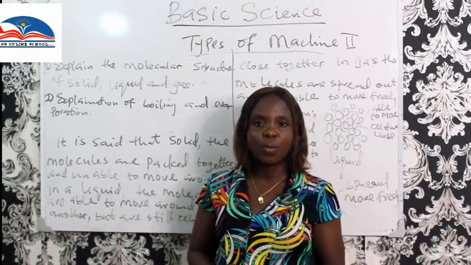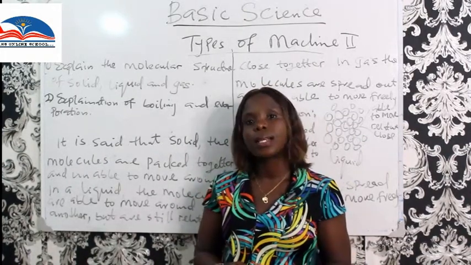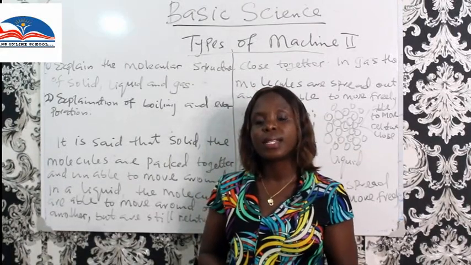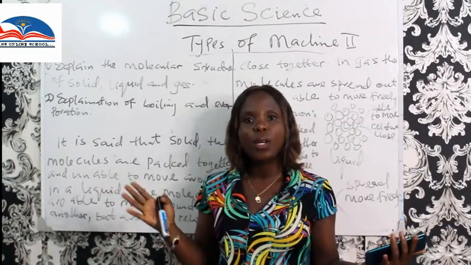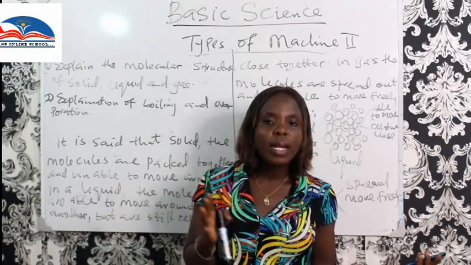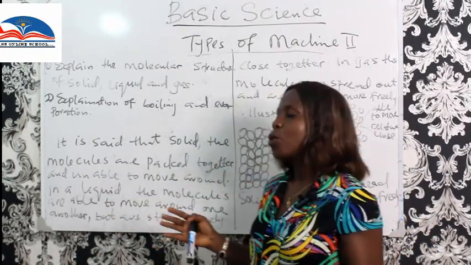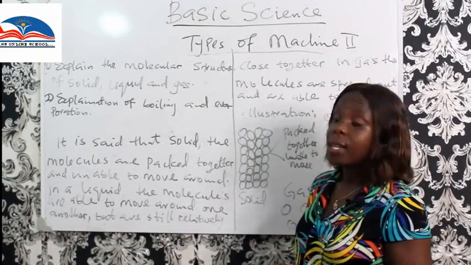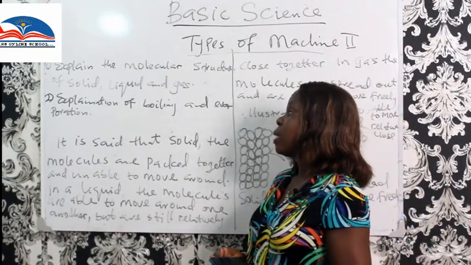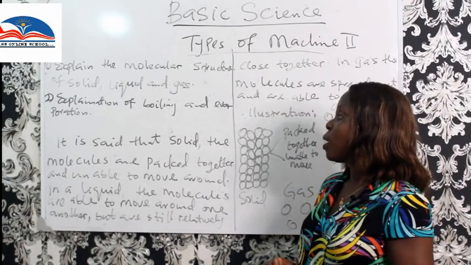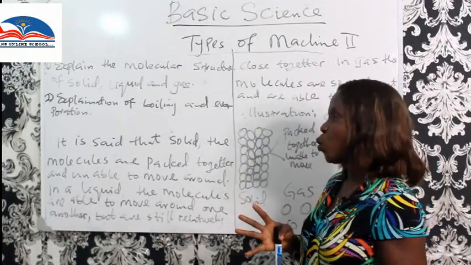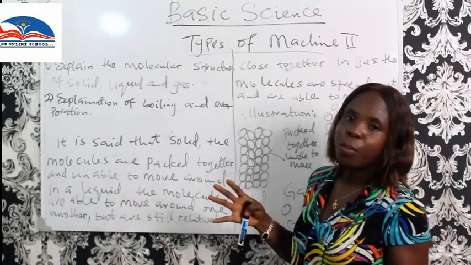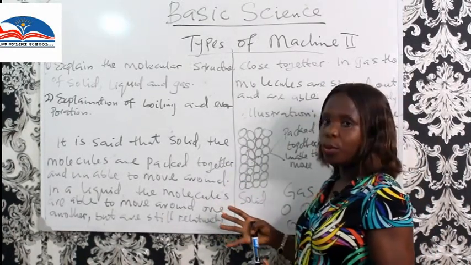Alright, so in our class for today, we are going to look at how these matters interact. Molecules, liquid, solid, and gas. First, it is said that solid is a molecule, that solid is packed together and they are unable to move around.